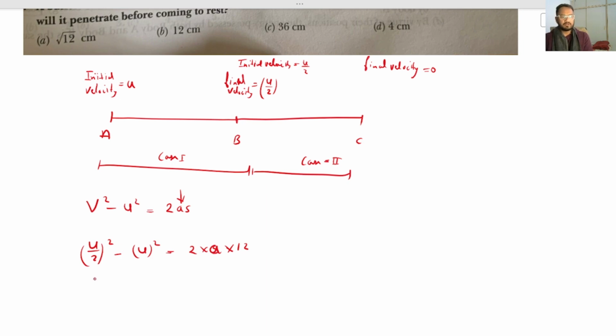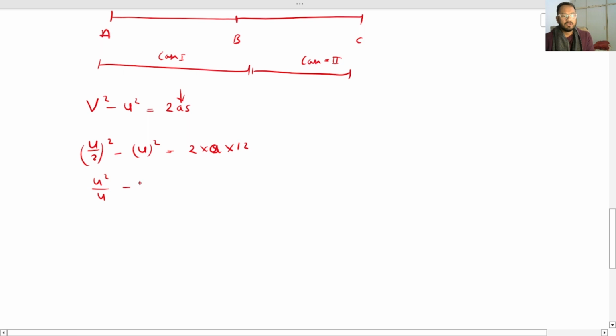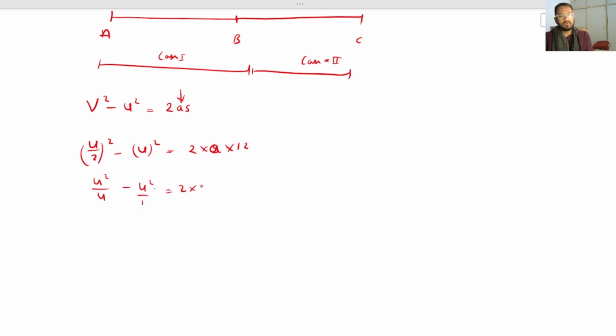If you solve this, it will be u square by 4 minus u square upon 1 is equal to 2 into a into 12, right? So we'll multiply and divide by 4 here, so u square minus 4u square upon 4 is equal to 2 into a into 12.